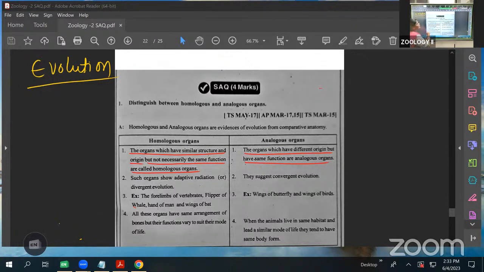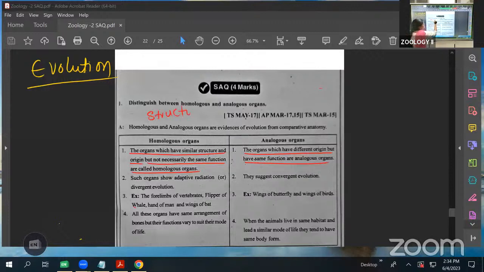For example, humans have hands, others have limbs, and the whale has a flipper. Like this, structurally the origin is the same, but the function is different. Some are for walking, some for climbing, some for swimming.